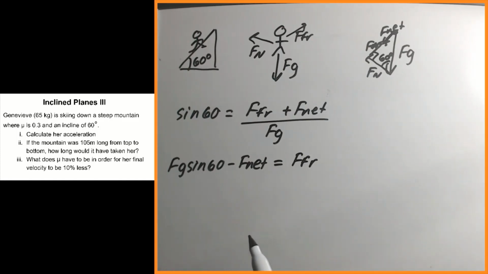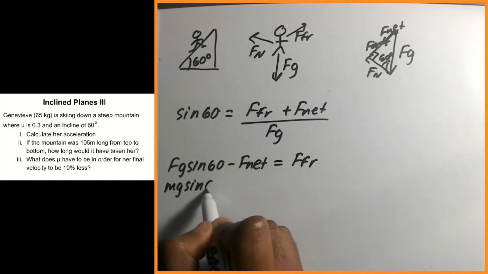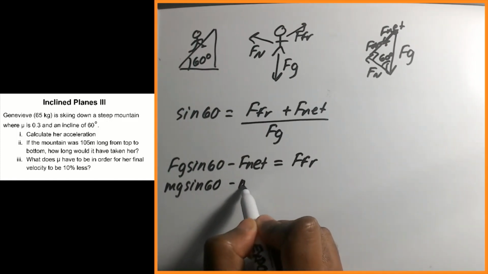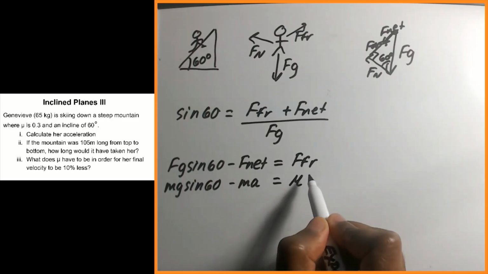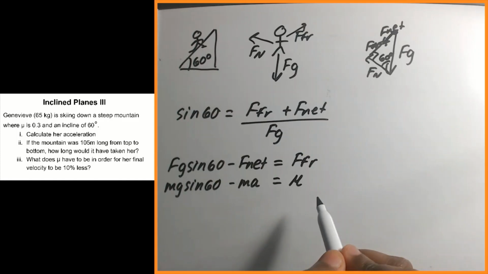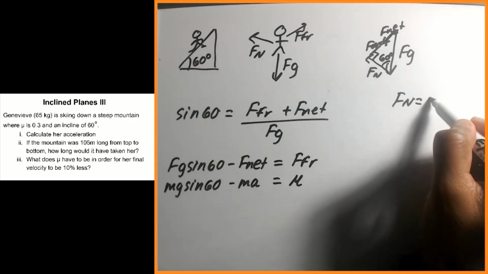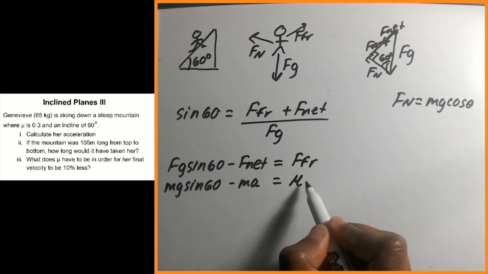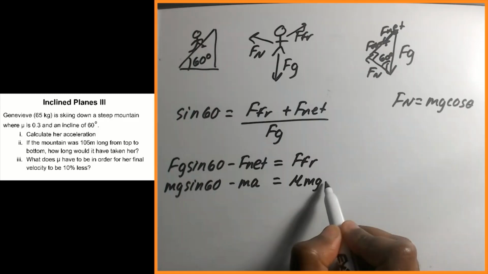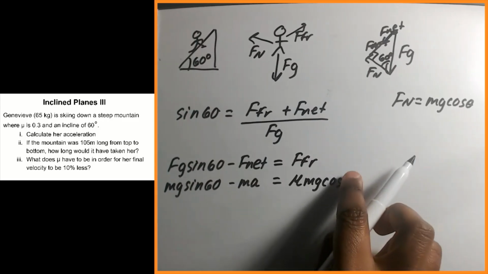All right, so let's go ahead and break down its components. So we get mg sine 60 minus ma is equal to mu. And remember, this is mu times Fn, but Fn from before, that's just equal to mg cos theta, right? So we can just write that. So mg cos 60.